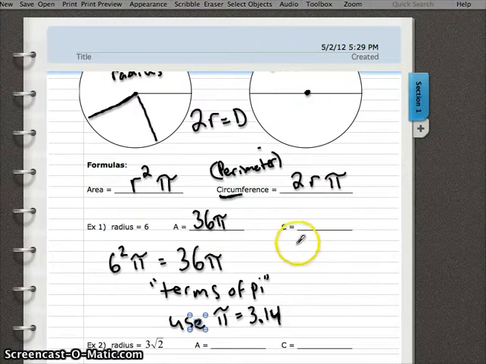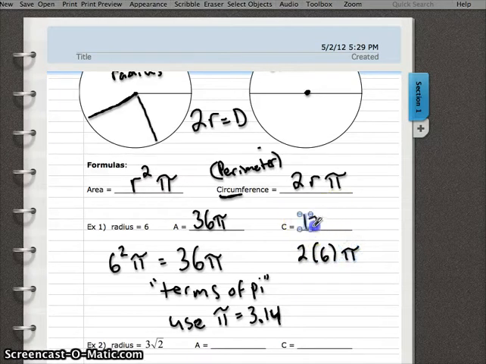Alright, let's find the circumference. Circumference is 2 times the radius times pi. So 2 times our radius of 6 times pi would give us 12 pi. And we could leave that in terms of pi, or we could actually multiply by 3.14.